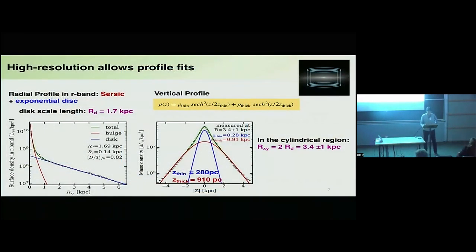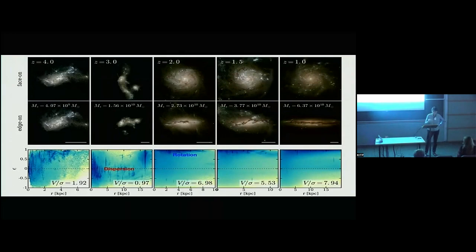This gives you a sample radial fit and a vertical fit to this galaxy, and both tell us that we can reasonably well fit the overall profile using two components, bulge and disk, and then thin disk and thick disk. So not bad.